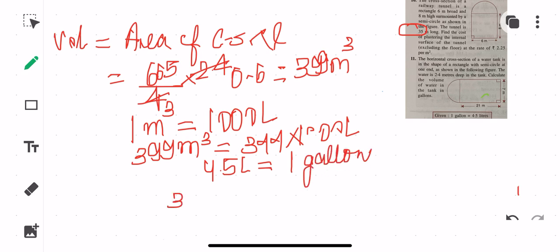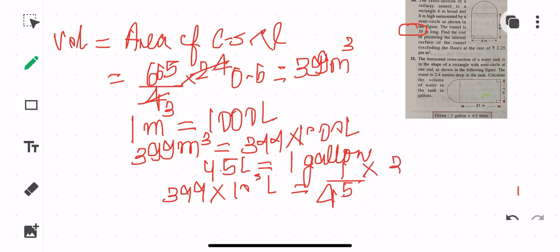So 399 into 10 raised to 3 liter will be equal to 1 upon 4.5, that is for 1 liter, into 399 into 10 cube. So this is what you are getting.